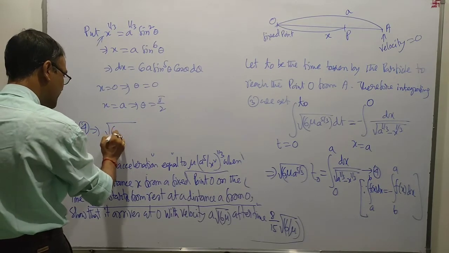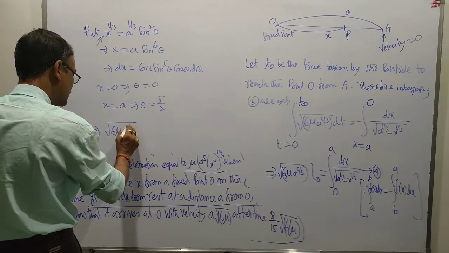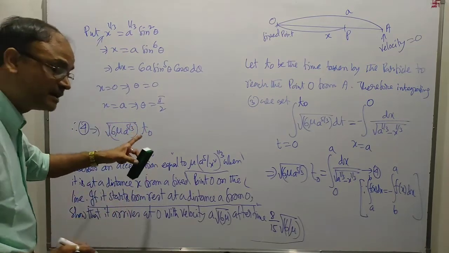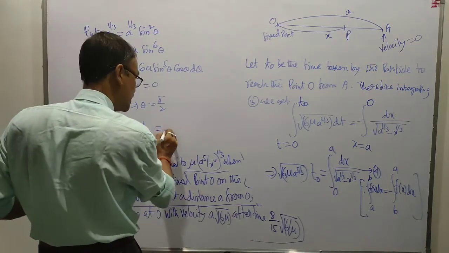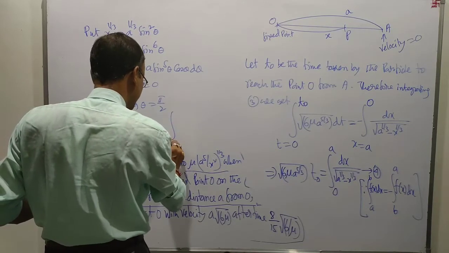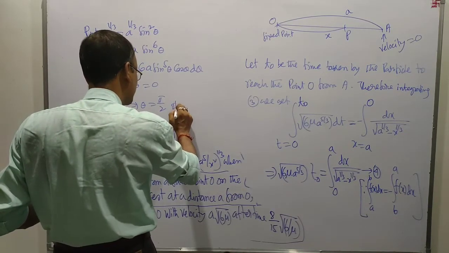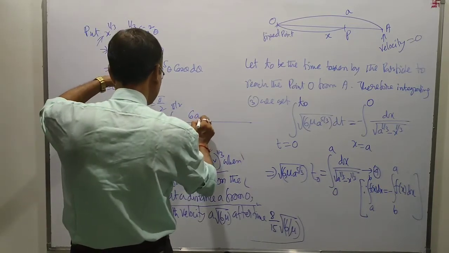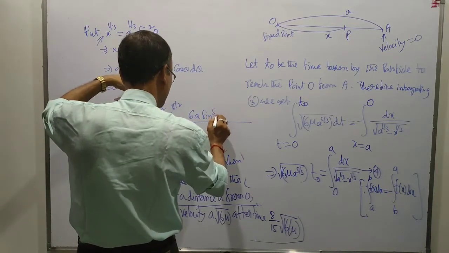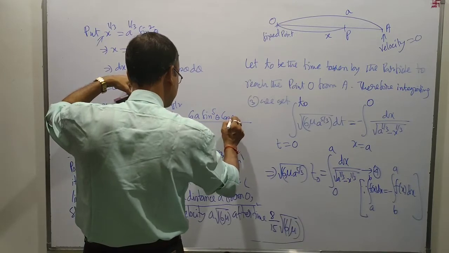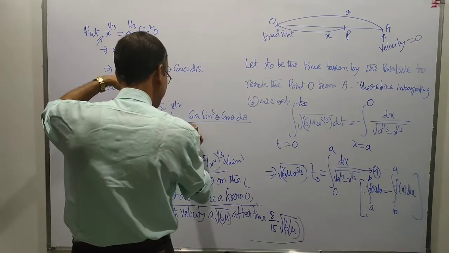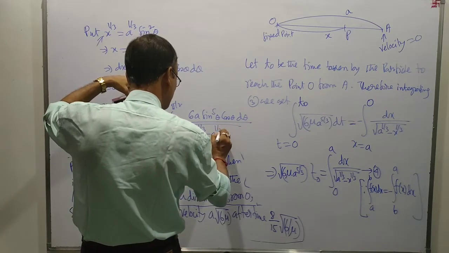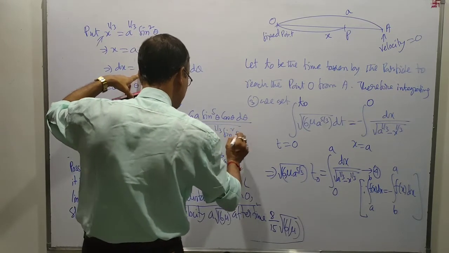It will be root over 6 mu a to the power 5 by 3 T naught. We are going to find the value of T naught. This is equal to the integration from theta equal to 0 to pi by 2 of dx, meaning 6a sin to the power 5 theta cos theta d theta, divided by root over a to the power 1 by 3 minus a to the power 1 by 3 sin square theta.